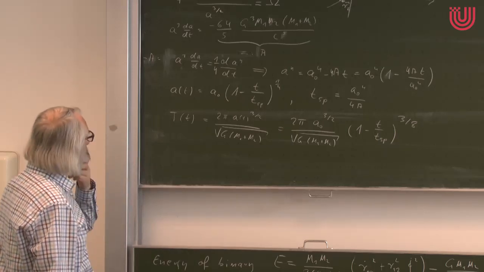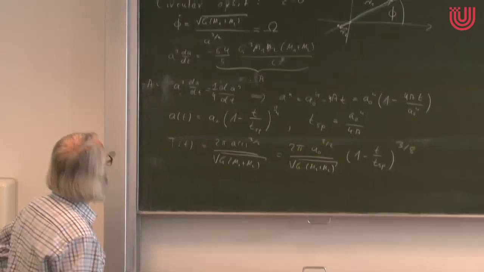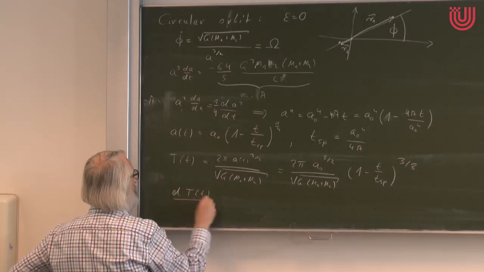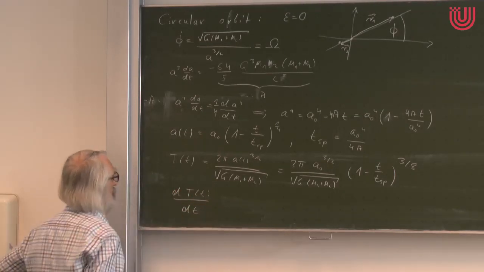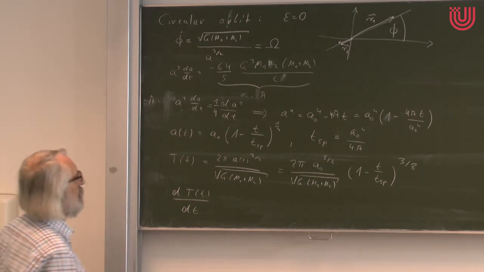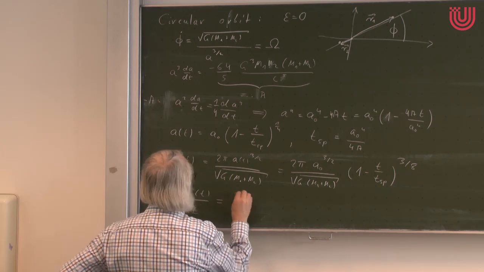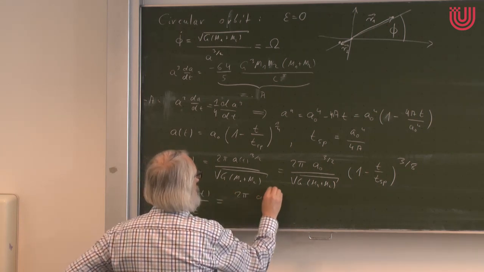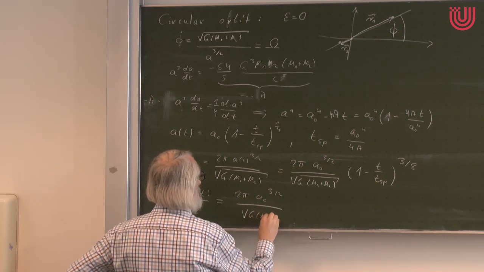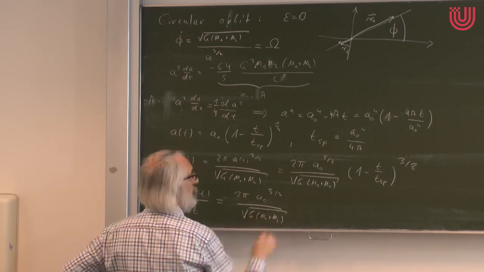What one very often considers, and what is also very often plotted, is a time derivative of this. This is a dimensionless quantity, right? Capital T is a time. If I differentiate it with respect to t, I get something which is dimensionless. Let me write this down. This is what? 3/2 root G times m1 plus m2.